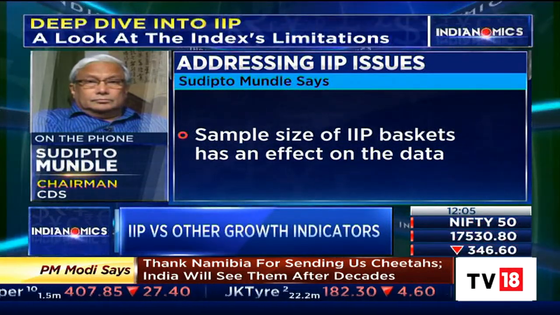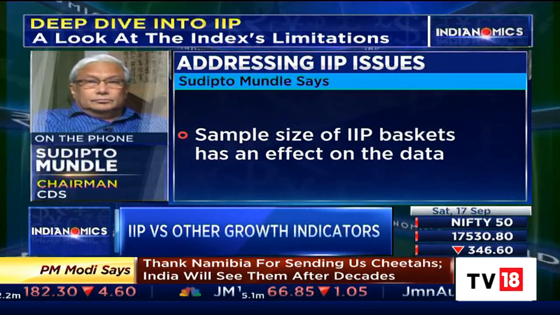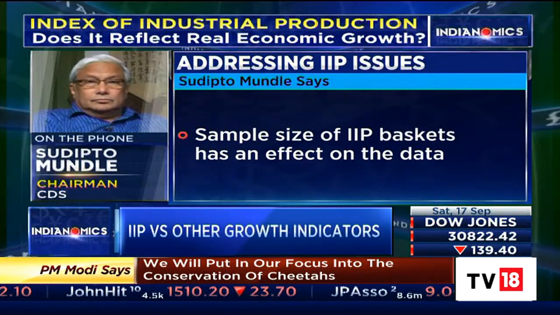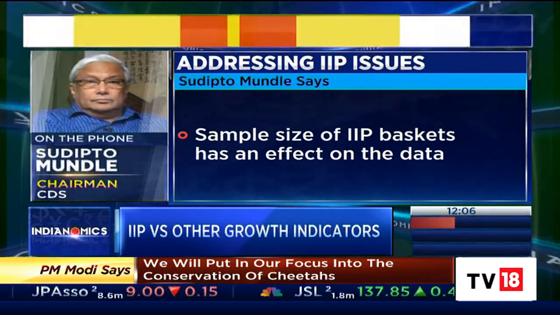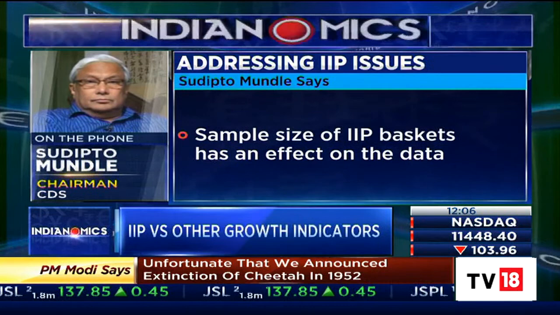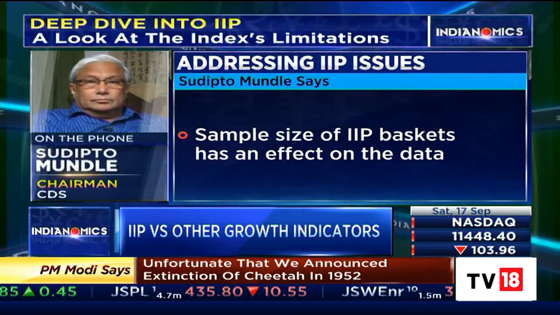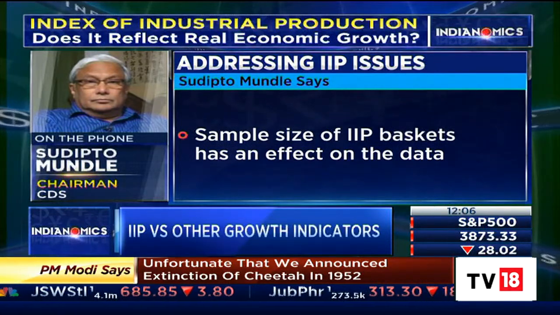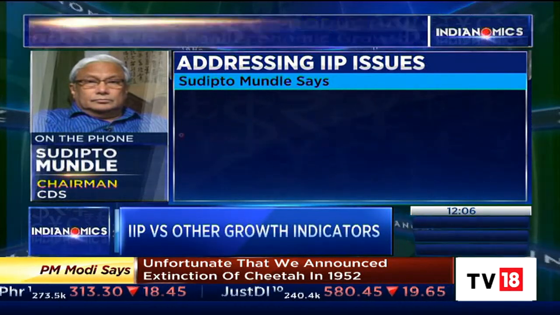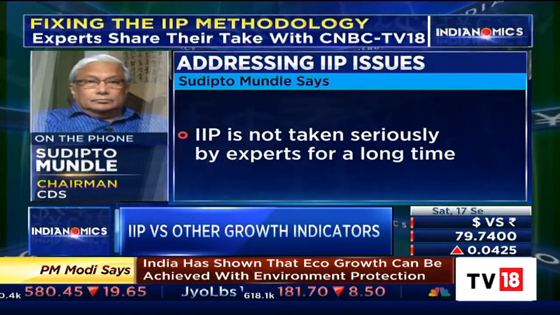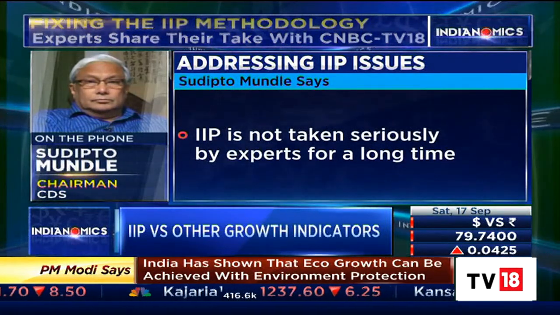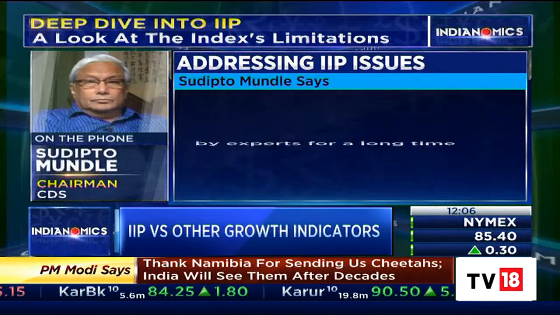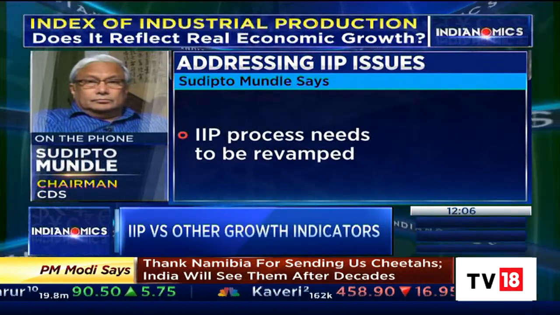So I have very little to add to the problems that he has already highlighted. If you have very few observations in a sample of a particular kind, and as you just gave that example, even though it is relatively low weight, you have some incredibly high growth rate in one observation, and that tilts the whole sample. So for a long time, actually, many of us don't really take the IIP very seriously. There you are. It's something that has needed a revamp for a long, long time.